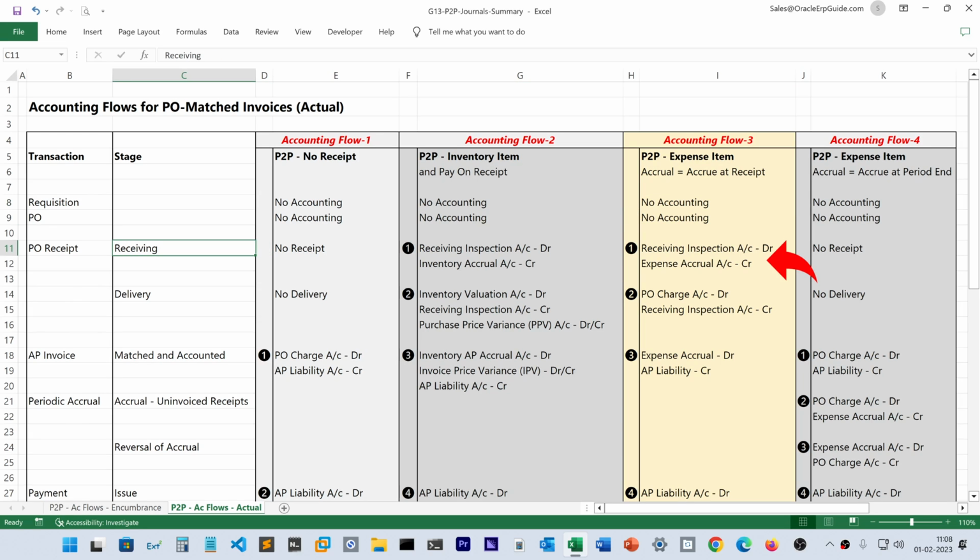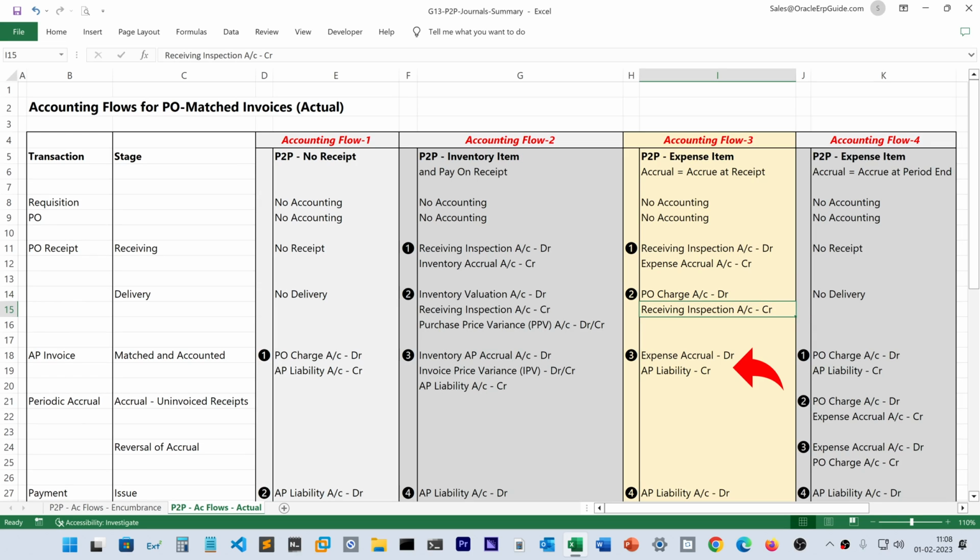At the receiving stage, receiving inspection is debited, expense accrual is credited here. Then at the time of delivery put away, the PO charge account is debited, which can be an expense account depending upon which service or which expense item we have procured. And receiving inspection account, the first two account, the same account is credited here.